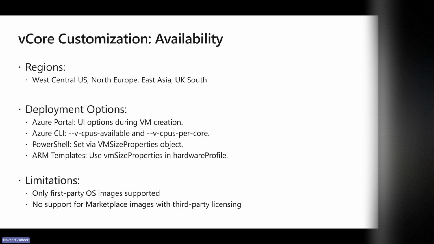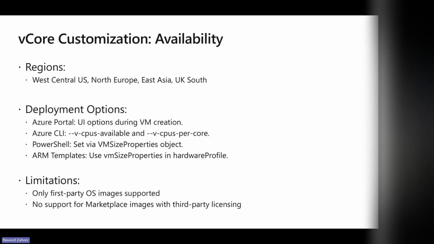Basically, once you select a VM size, if your subscription is enabled, and you are in one of the allow-listed regions, like West Central, North Europe, East US, or UK South, you will see two more options underneath the size. One is how many threads per core, so you can pick just one thread per core.